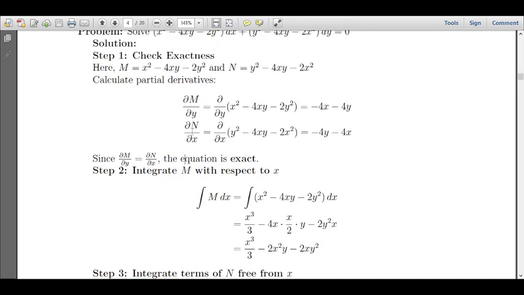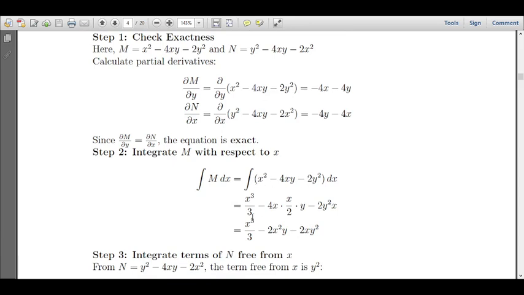Next, we find the general solution. First, we integrate M with respect to x, treating y constant. So, don't forget that we are doing partial integration with respect to x, keeping y constant itself. So, integral of x square minus 4xy minus 2y square dx.